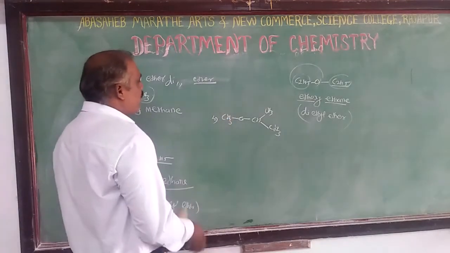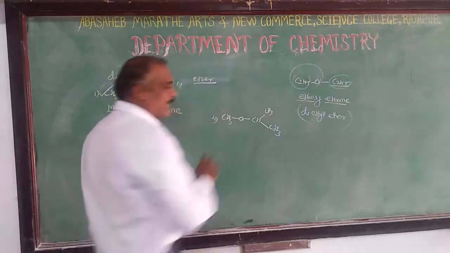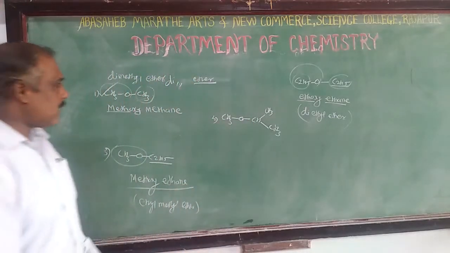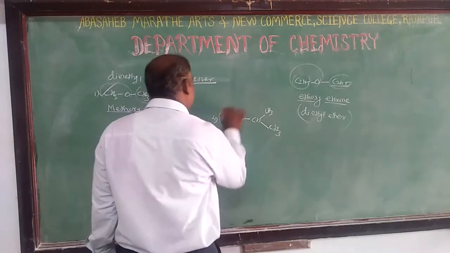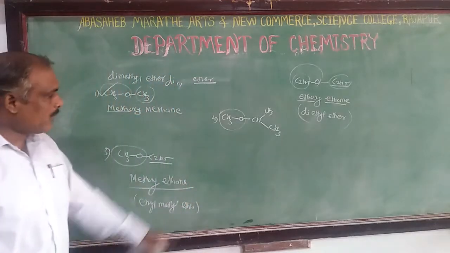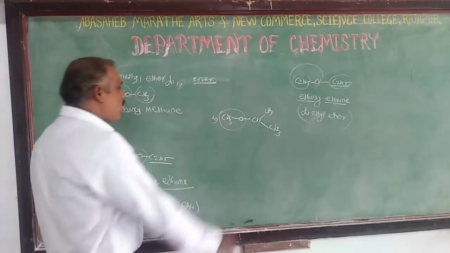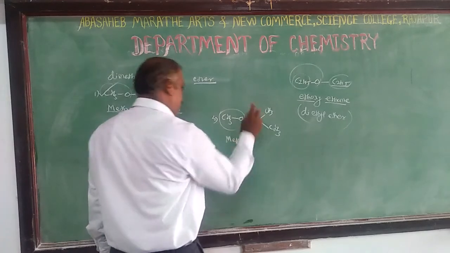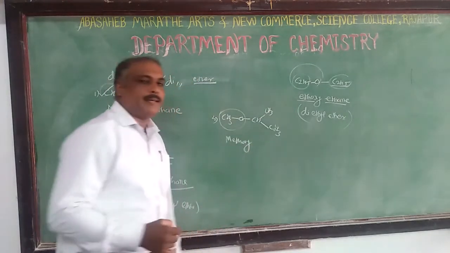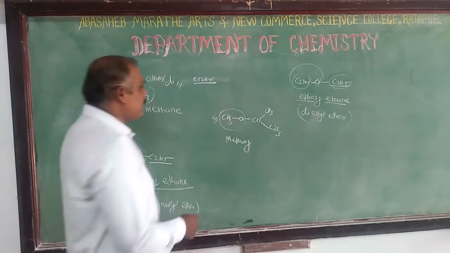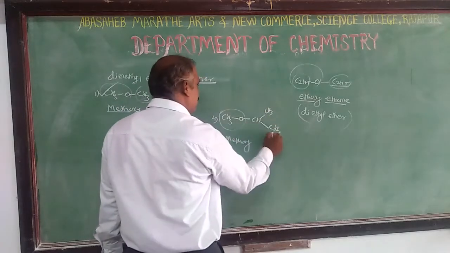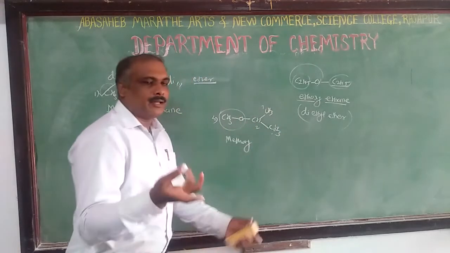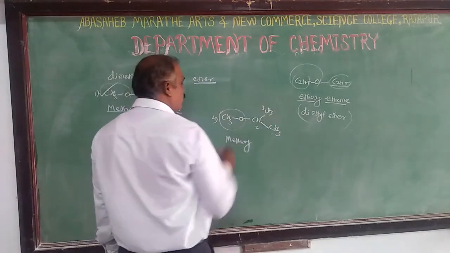Now for this structure we give the IUPAC nomenclature. This is a substituent, so the name is methoxy. And then what is the name of the parent alkane? It's propane, because there are three carbons.